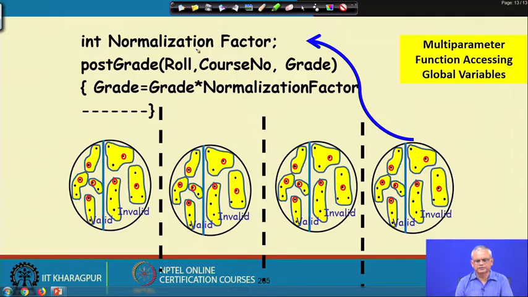In that case, we need to consider all possible equivalence classes that may be defined for the normalization factor variable, and therefore we will have four sets of equivalence classes here for this function, and we need to consider combinations of values for various equivalence classes.